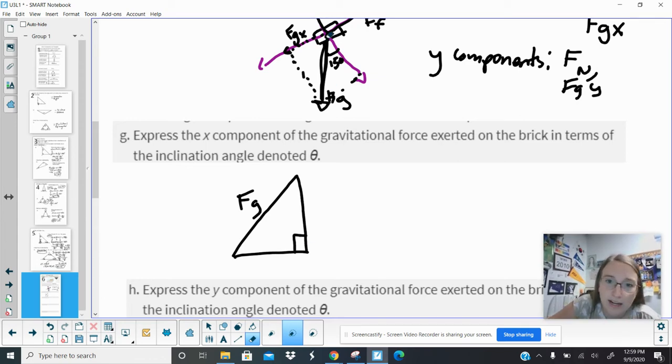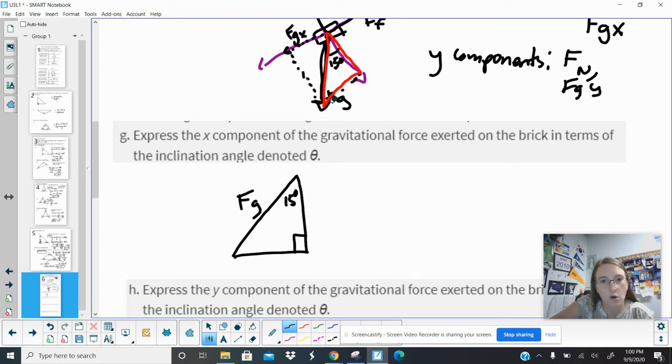So what I'm doing right here is taking this triangle and tilting it flat. So the 15 degrees is up here. Let's think about this real quick. If I'm tilting that, this component down here is going to be the same as this component up here.